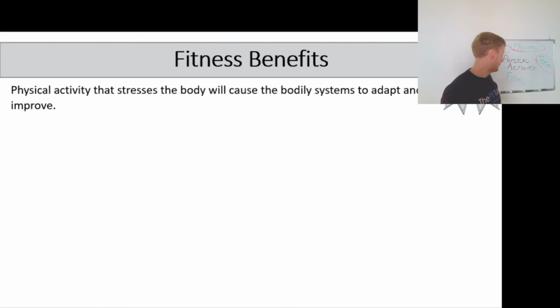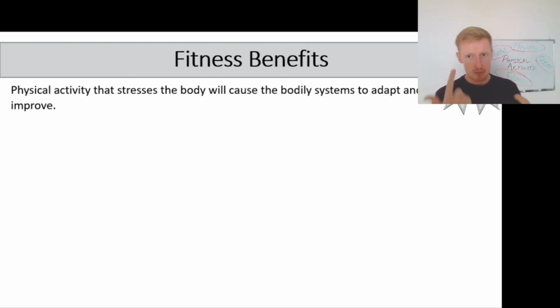So last one, fitness. And this will bring together our all-round development, or all-round impact of physical activity. Fitness benefits. Now we mentioned earlier, we have the physical components, we have the skill-related components. Now physical activity, it can be anything. It's very general.